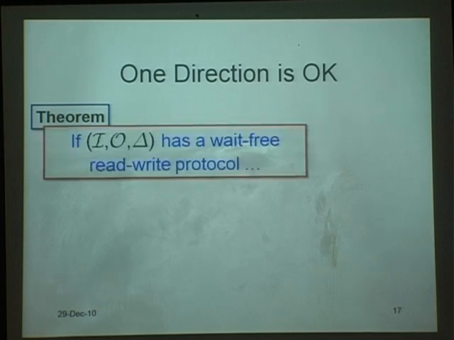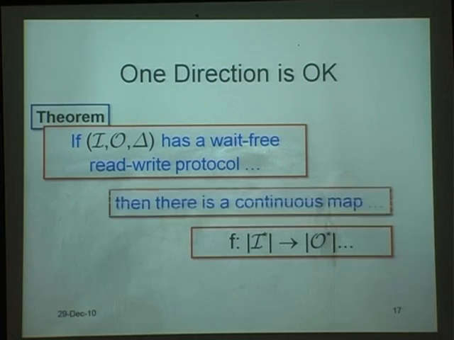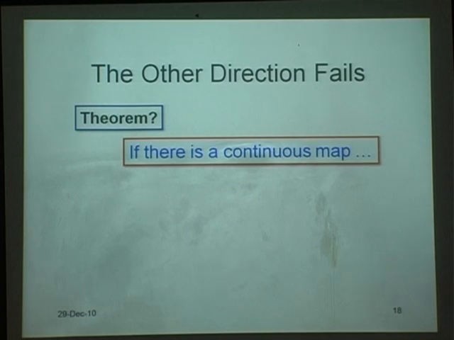And one direction is OK. So if this colored task has a read-write protocol, then there is a continuous map. And that argument works the same. The other direction is the one that fails.